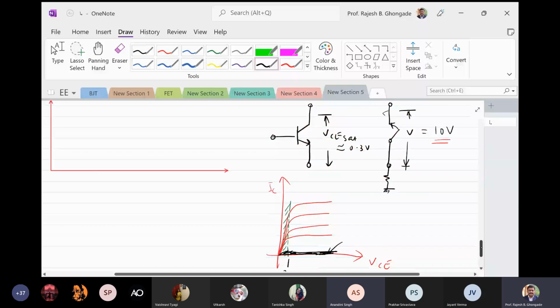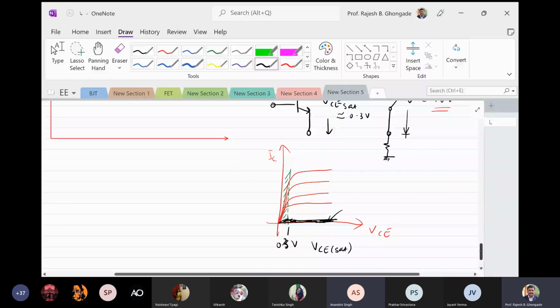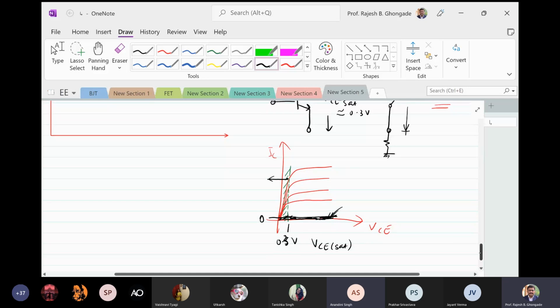As if the transistor is switched off or open, है ना? देखो यहाँ पे, if I fix the point somewhere over here, you'll see that significant amount of collector current flows, but voltage across the device is very small. Whereas in this case, the voltage across the device is large, complete voltage of VCC, but current flowing through that is almost 0. समझ में आ रहा है कि नहीं आ रहा है?